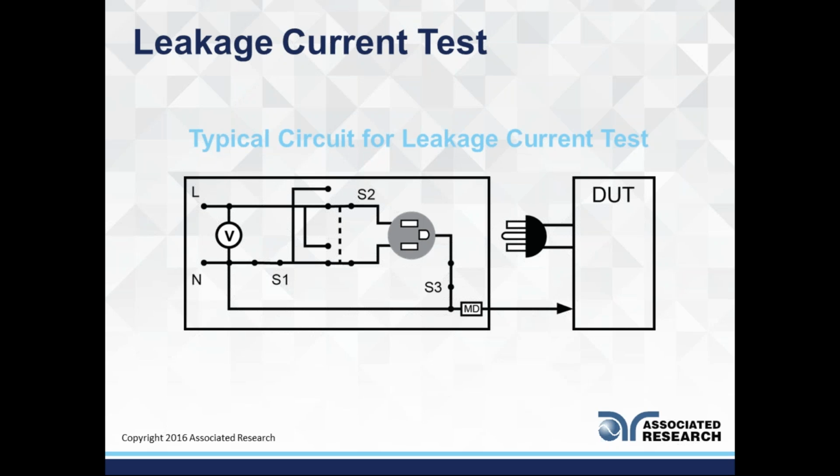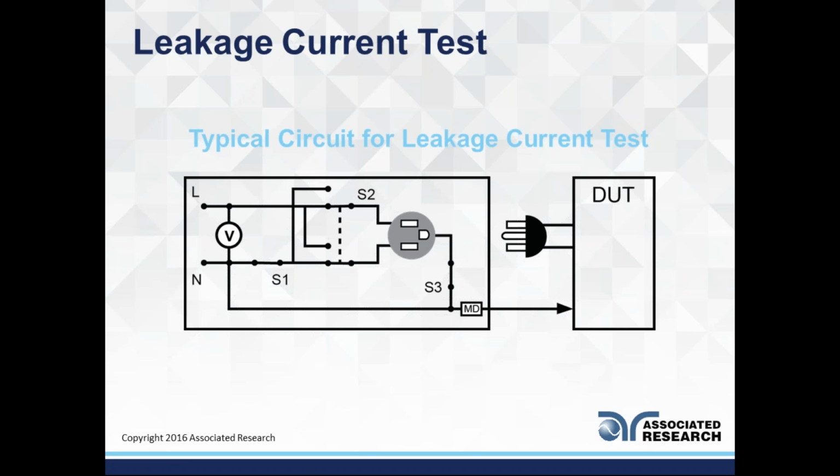So that's reverse polarity. That's one of your fault conditions that you need to meet. Again, just to clarify, that's this switch right here and this switch right here being open. Open, open. I've now crossed my line and neutral.